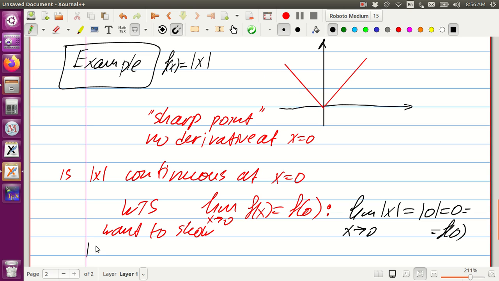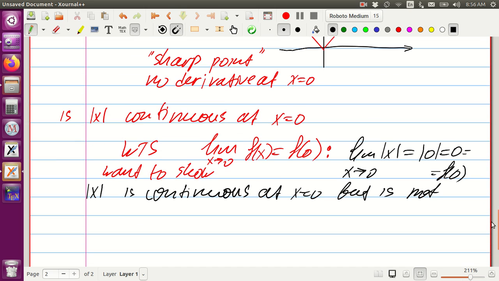So we claim that it is continuous at x equals 0, but not differentiable at x equals 0.